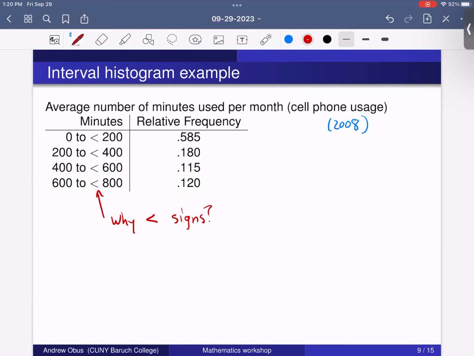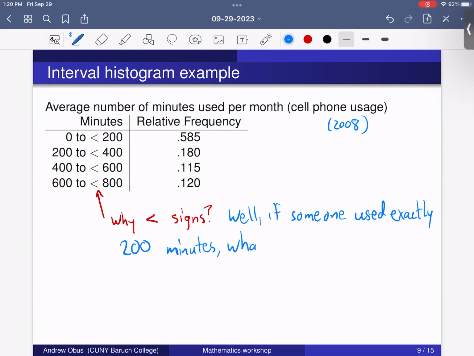Well, the idea is, if someone used exactly 200 minutes, what category do they belong in?